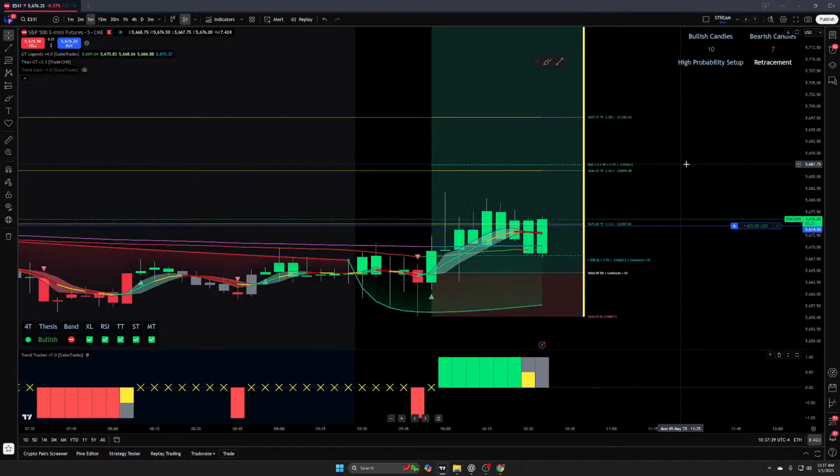You can go ahead and hedge it with other things. Can't do that with prop firms though. Prop firms don't let you hedge.